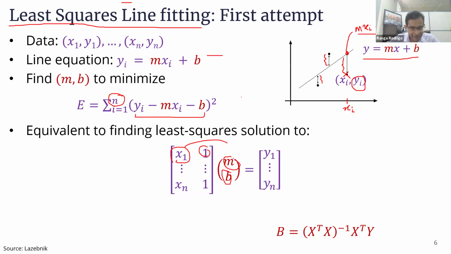So what has been written is correct, and then y1 is on the right-hand side, and the signs are different. It is sort of okay. We have not proven that finding the least squares solution to this is the correct thing, but that is okay. Let's call this matrix capital X, this one capital B, and this one capital Y.